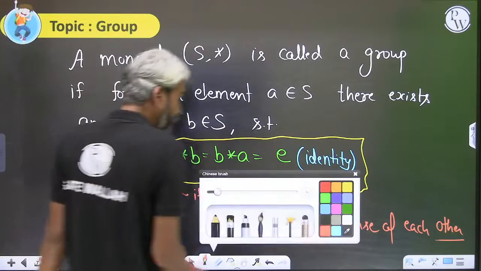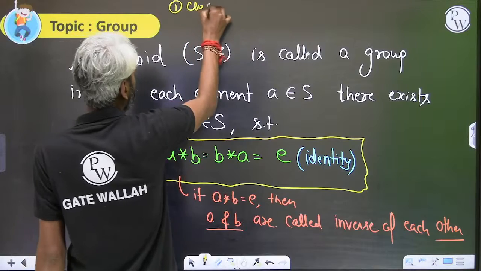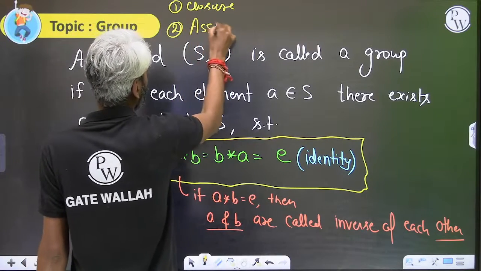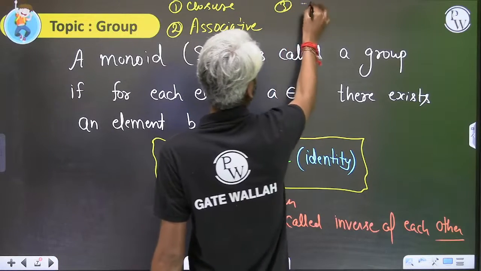So four properties must be satisfied in our group. First one is closure. Second one is associative. Third one is the identity.